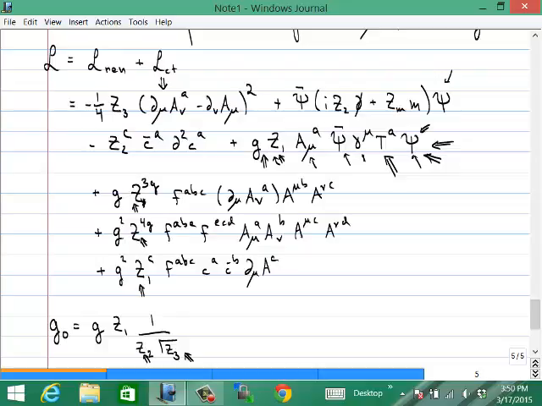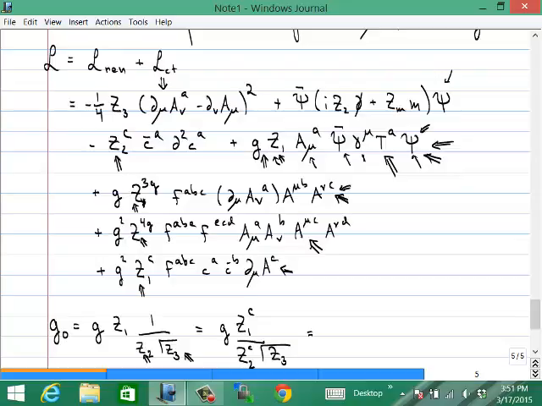We could also compare it, say, to this term here. That's a nice one to compare because the formula is almost identical. It's g times Z1 divided by Z2, that's this wave function renormalization here, times the square root of Z3. Or you could compare it to this term here. So let's take, say, this term right here. What do you get?